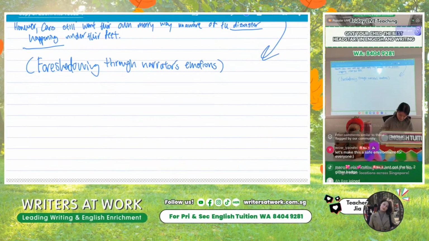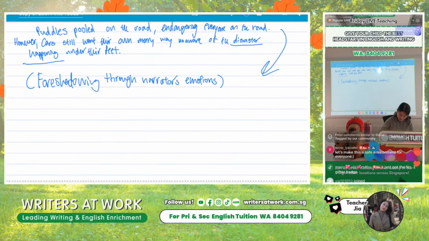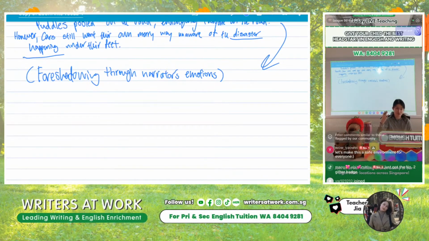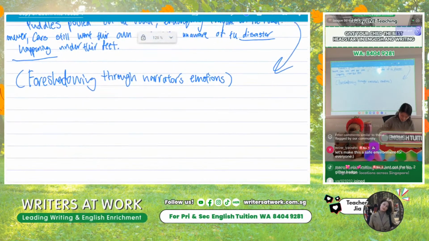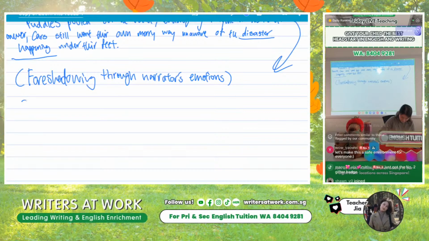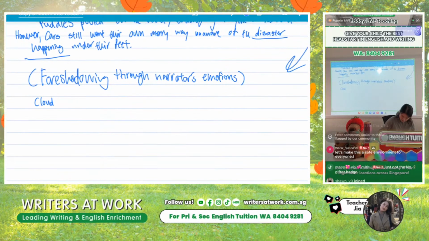Okay, so how should we start this? We can foreshadow with the gloomy sky. Clouds. Okay, let's say dark clouds, a bit more description.